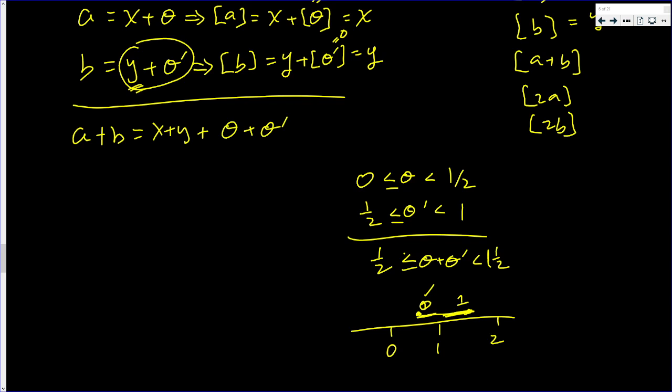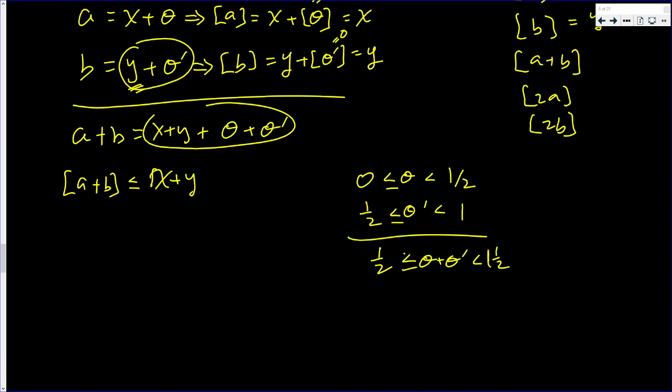Okay, so the greatest integer of a plus b is going to be less than or equal to, you factor out x plus y. Now, the greatest integer of theta plus theta prime is going to be 0 or 1.